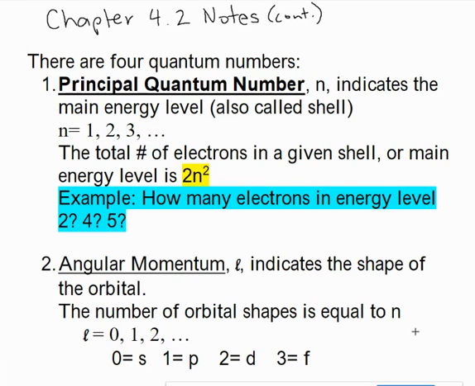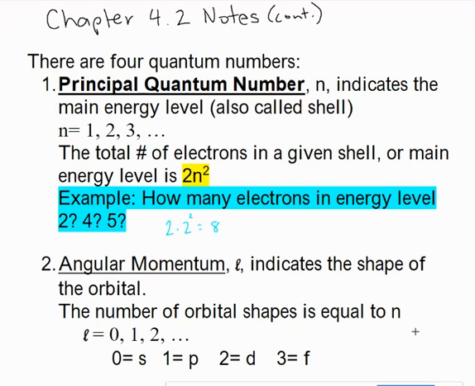We would take 2 times n, which is 2 for energy level 2, squared. Whoops, not 2 to the n, that's squared. So we would have 2 times 2 squared. This is 4 times 2, which would be 8 electrons in that second energy level.